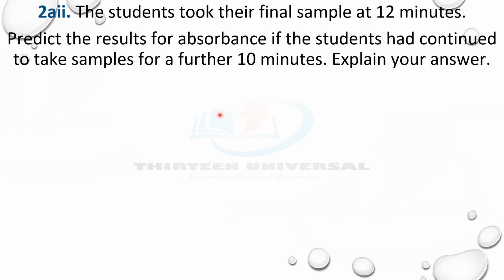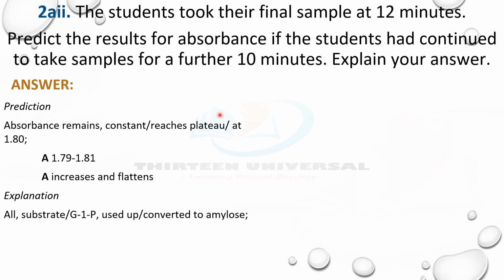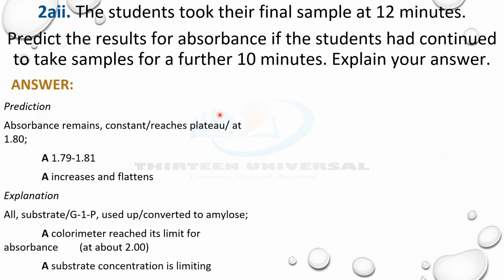All right, let's look at what the mark scheme says because it's a prediction. Absorbance remains constant, which is a plateau at 1.8. So 1.8 was the maximum. Or it might increase more and then flatten. That's the explanation: all substrate used up to form amylose, or the calorimeter reaches its limit of absorbance. So see, substrate concentration is limited.